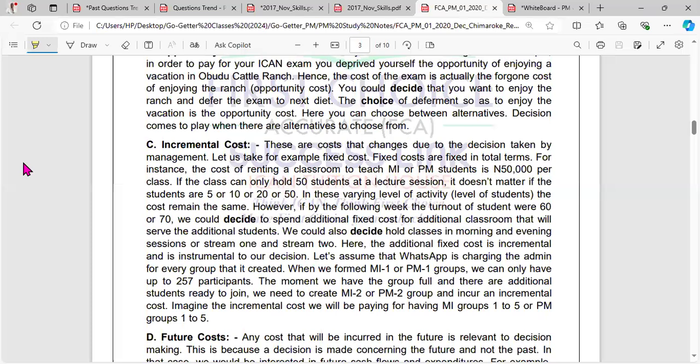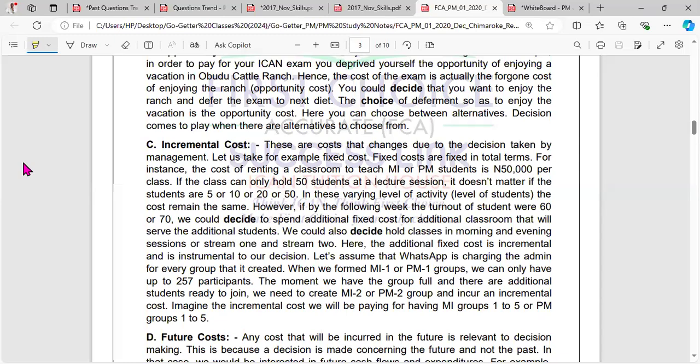Okay, let's say we are paying 50,000 naira for renting the Zoom class. Whether we have 1, 5, 50, 99, or 100, we will still pay the same 50,000. But now, the moment we have 101, the Zoom cannot carry 101, and so it means the person who is unfortunate will be logged out.